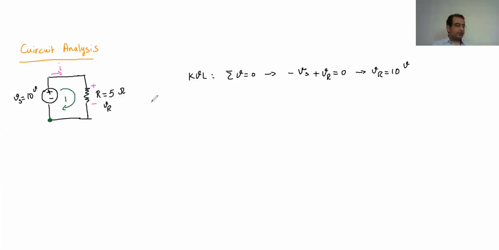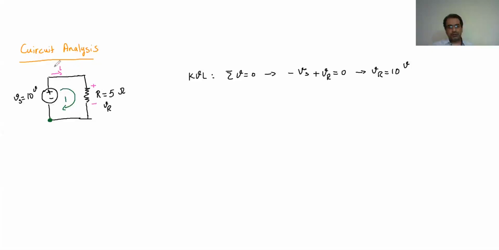So never waste your time on defining which direction it should be. In this case, it's very obvious because it goes from negative to positive, and the battery goes like that. But in a more complicated circuit, it might not be that obvious. If it's not obvious, don't worry about it. Just choose the direction of the I. The only thing you must choose correctly is that I always goes from positive to negative.